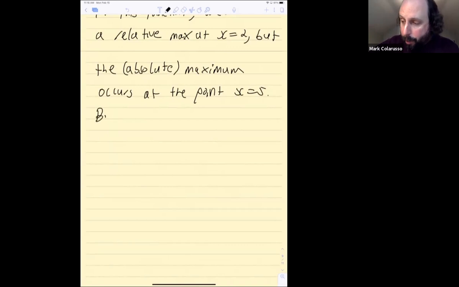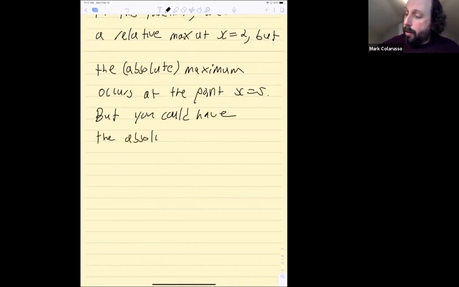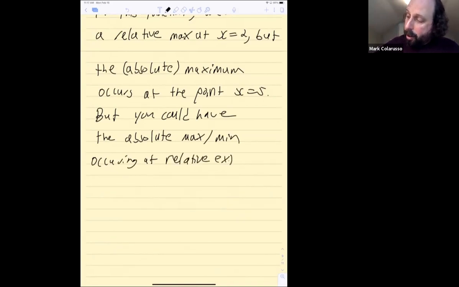You could have the absolute max and min occurring at relative extrema inside the interval.